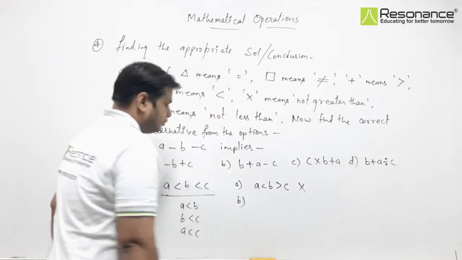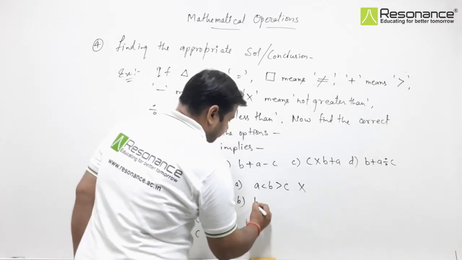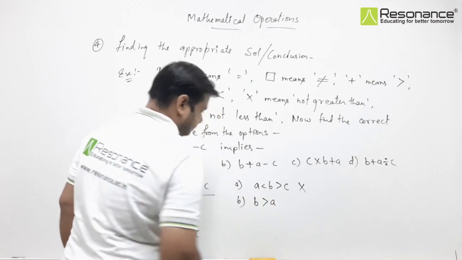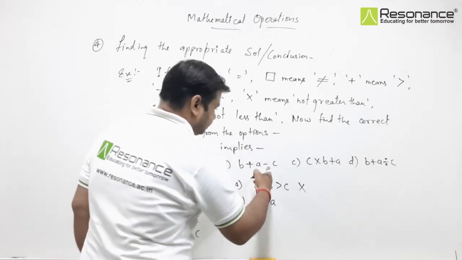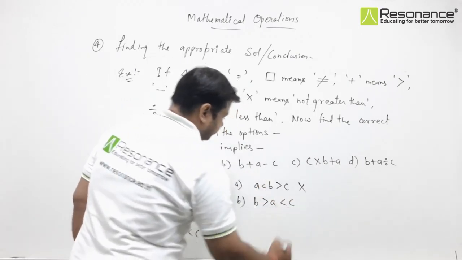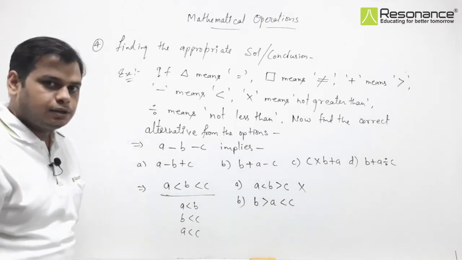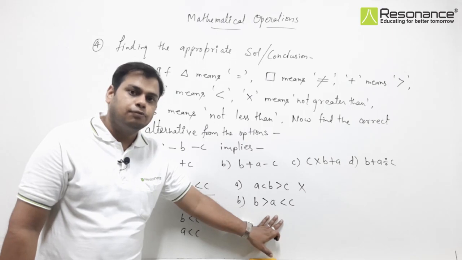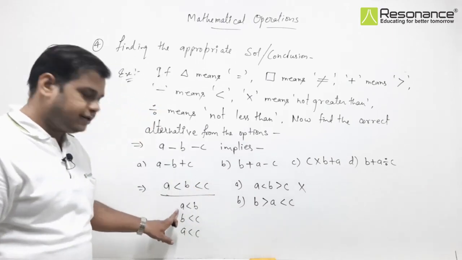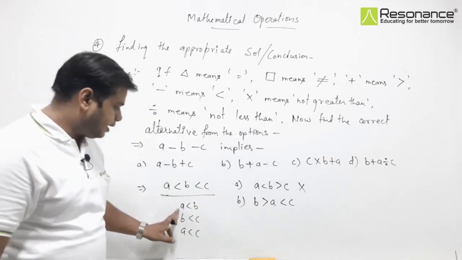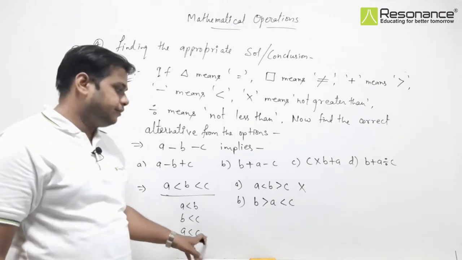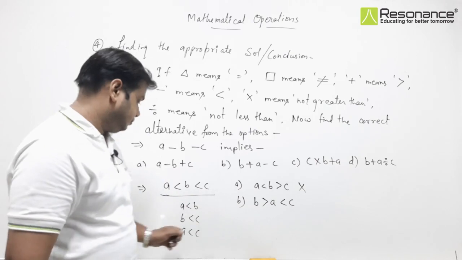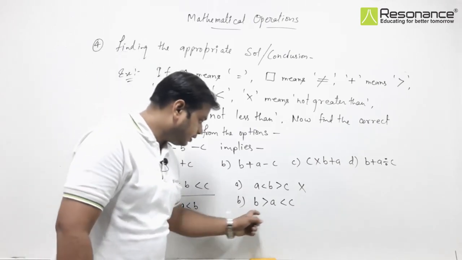Option B: B is greater than A and A is less than C. If we see, this is a possible answer. Why? B is greater than A, we know, and A is less than C, we know. We don't know about B and C, but we know all the relations.